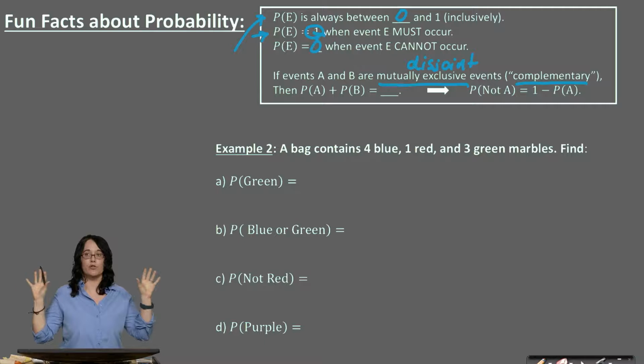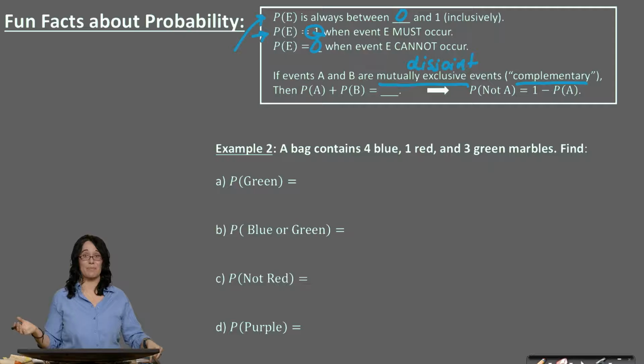So if these are two mutually exclusive events, giving you an example, right? Flipping a coin and getting a heads, that's one event. Flipping a coin and getting a tails is another event. Can they happen at the same time? No, right? You might have a coin that takes its time before it lands, but eventually it lands on one or the other. So those would be examples of two disjoint events.